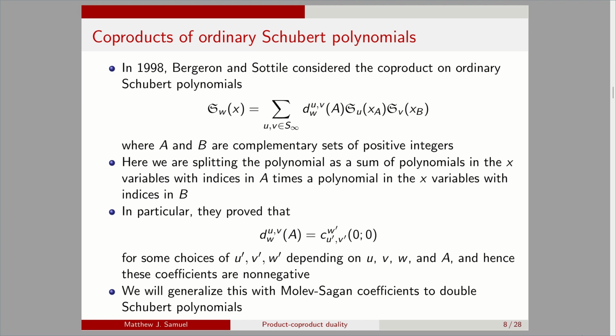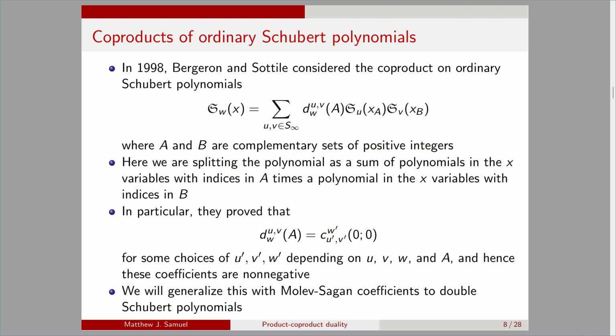So let's discuss coproducts. Now, ordinary Schubert polynomials are what you get when you set the y variables to 0 in the double Schubert polynomials. So in 1998, Bergeron and Sottile considered the coproduct on ordinary Schubert polynomials, writing S_w of x as the sum over all u, v in S infinity of this coefficient d^w_{uv}(A) times S_u of x_A times S_v of x_B.